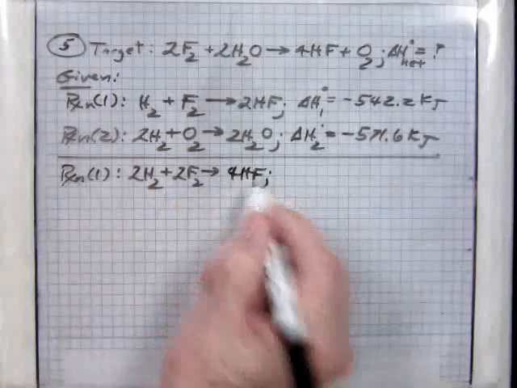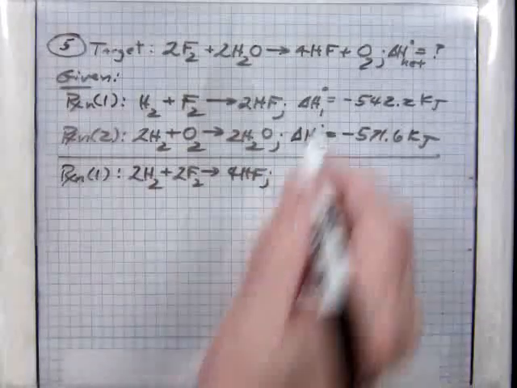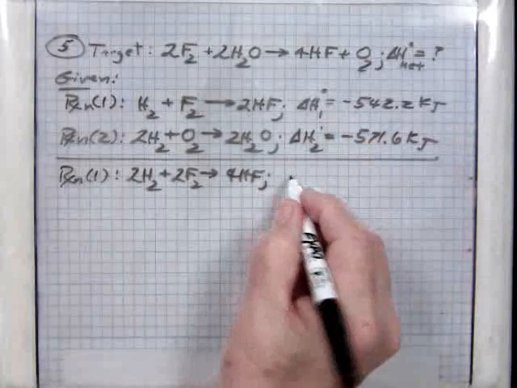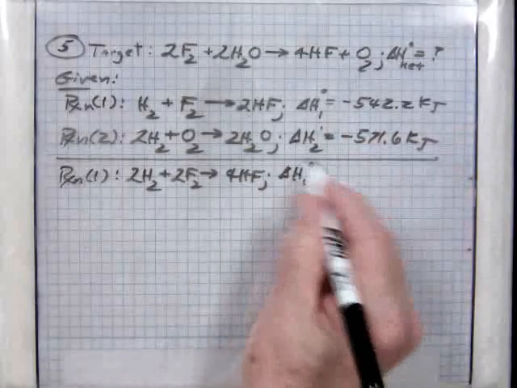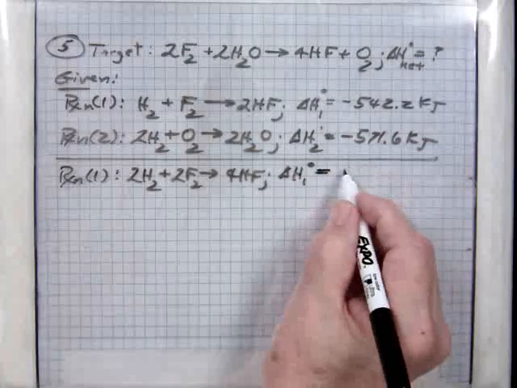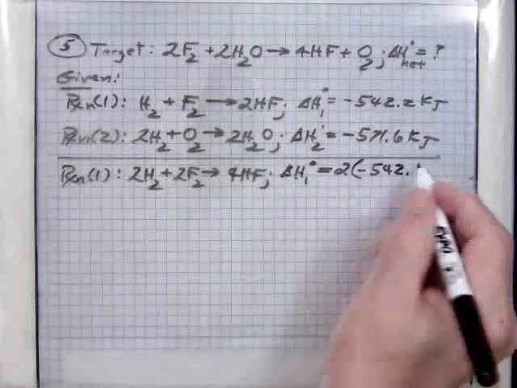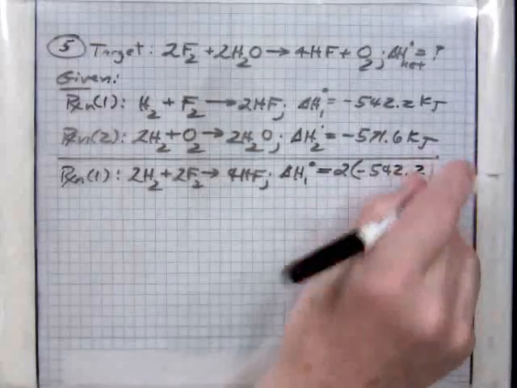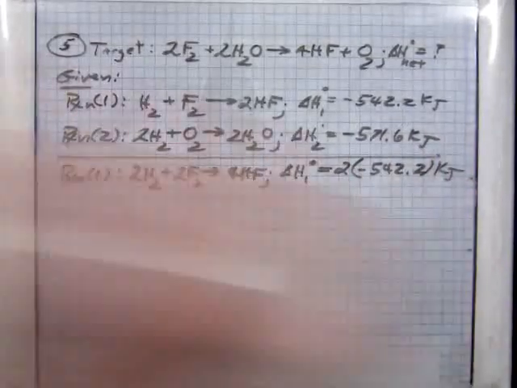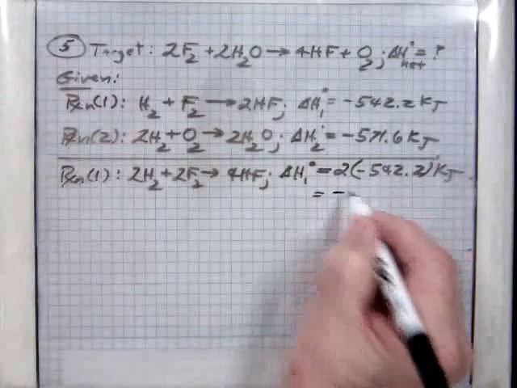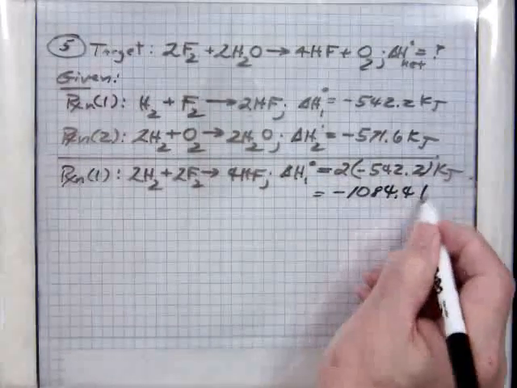Now, you must multiply the delta H1 given by 2 also. 2 times minus 542 kilojoules, and that's going to give us a minus 1084.4 kilojoules.